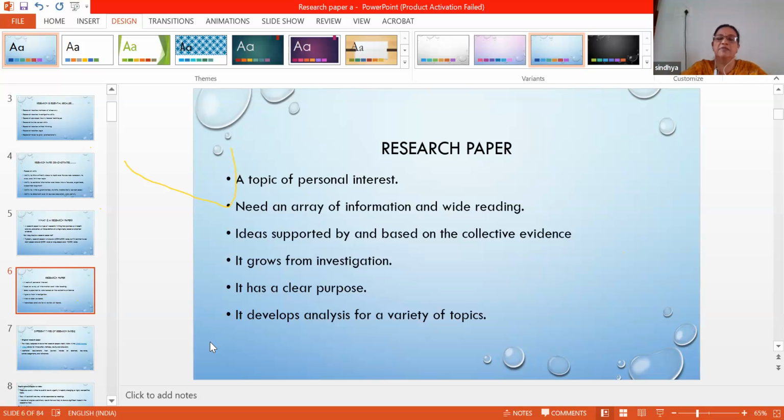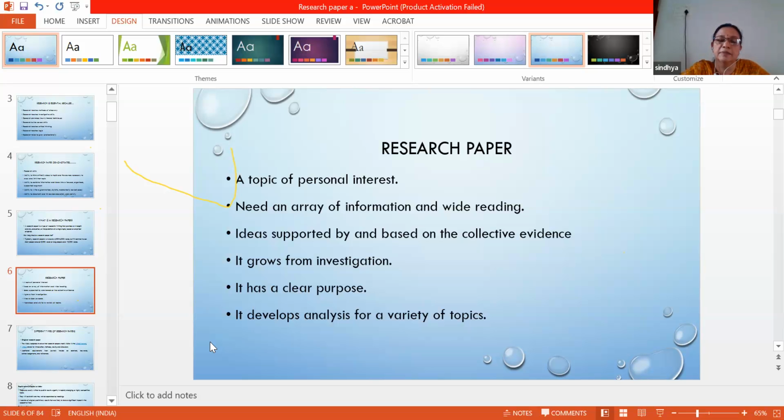So there are some keywords in the topic. You have to search with respect to those keywords. So in the present context, you are open to every available resource, online resources are there. So you can undertake wide reading regarding the topic of your own personal interest.